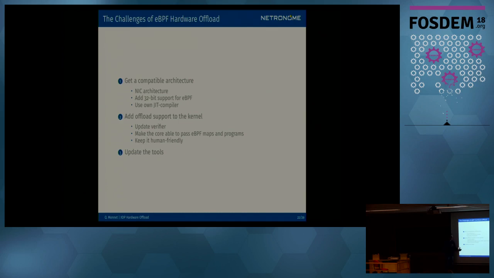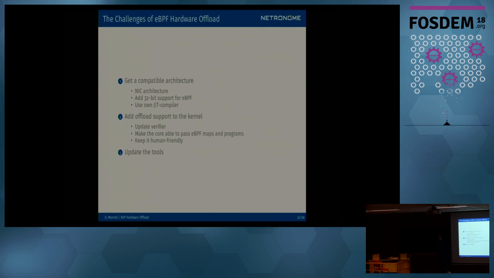So anyway, we have our architecture. We have offload supported in the kernel now, and we still have to update the tools that we need to use to work with BPF. For example, I'm using TC for offloading programs. I'm using the IP command from the iproute2 package to attach XDP programs.